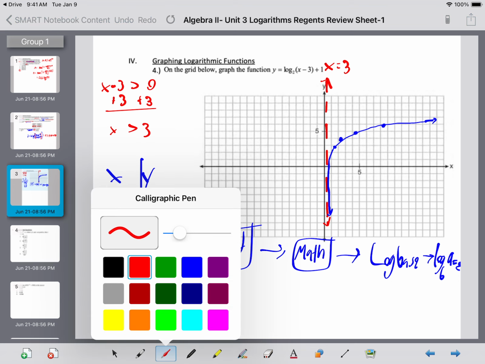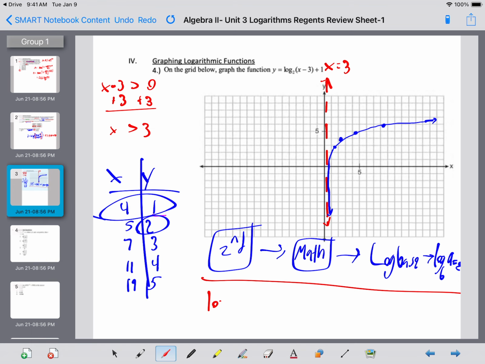But if your calculator doesn't have that, you know log base argument is the same as saying log of your argument over log of your base.